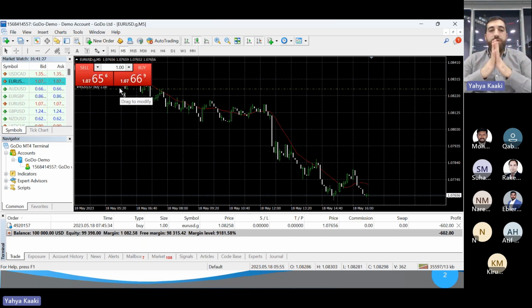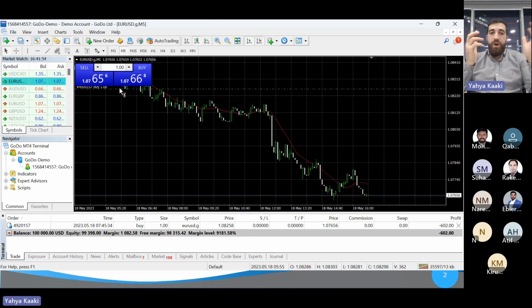Whenever you open a position and you see the market moving against what you're predicting, at some point you take the position against it and make profit in one, and then you take another one. So here, as we can see, is the number that the sell is taken from, the bid price, and here is the ask price, which is the buy position.